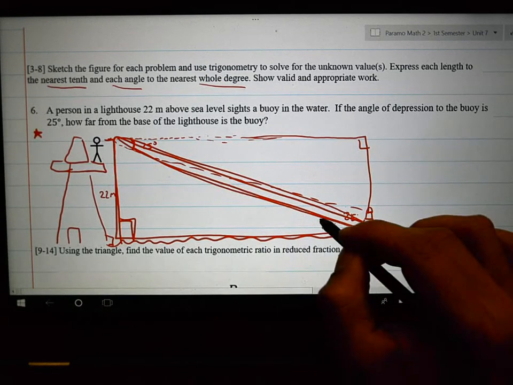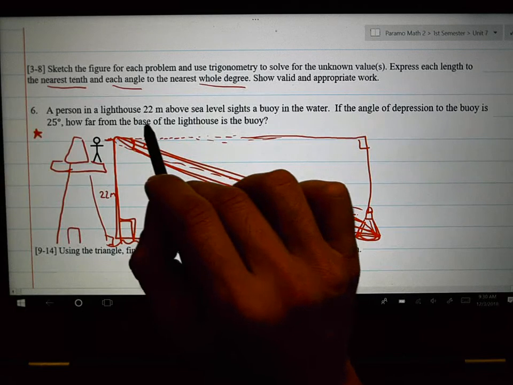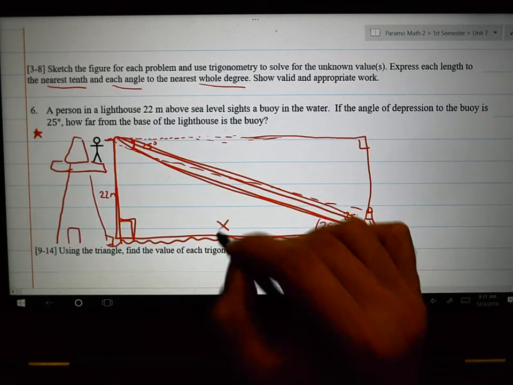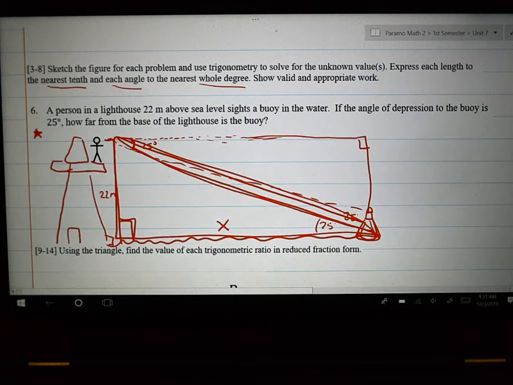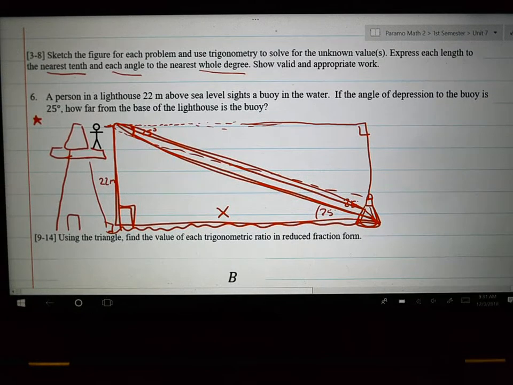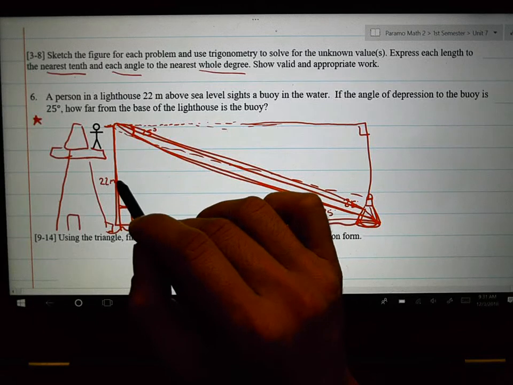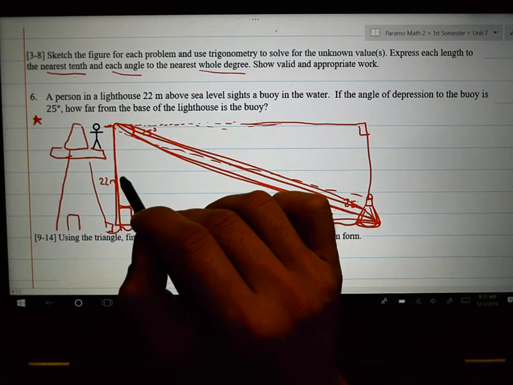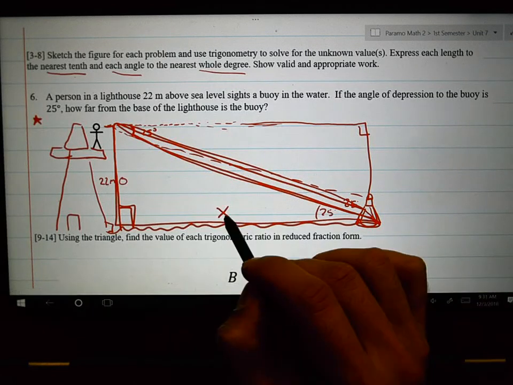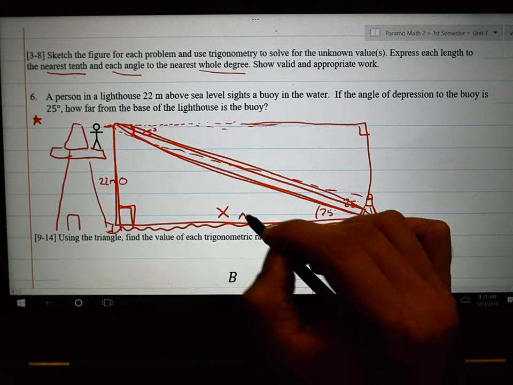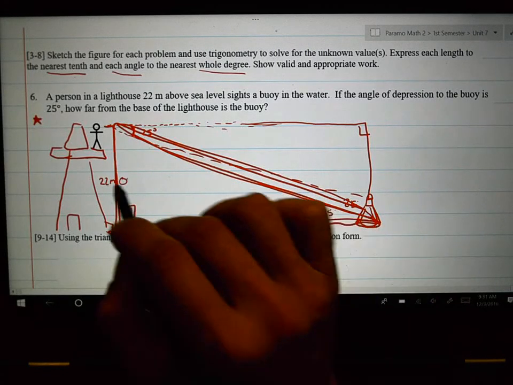So now what I'm going to do, how far from the base of the lighthouse is the buoy? So what they want to know is this distance here, x. All you have to do is figure out this is the O or H or A. The x is that O or H or A. And that should let you know which one you're going to use.